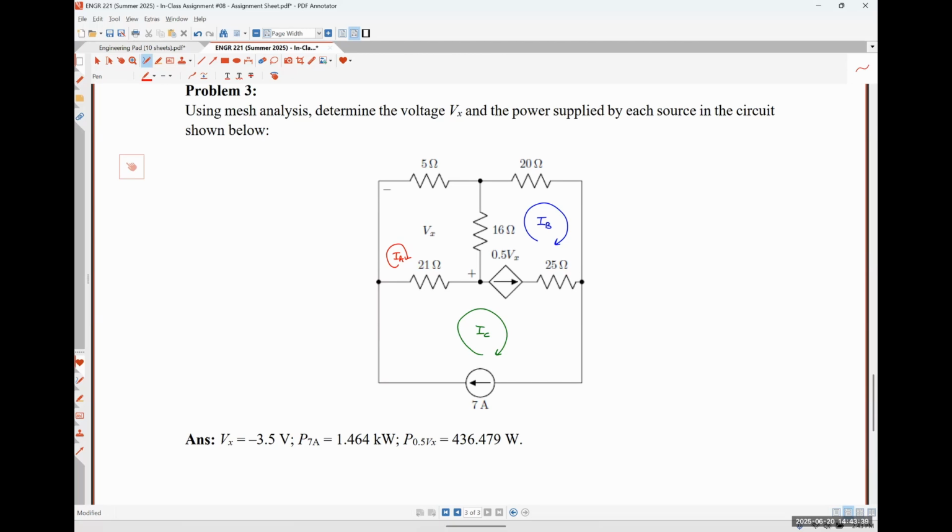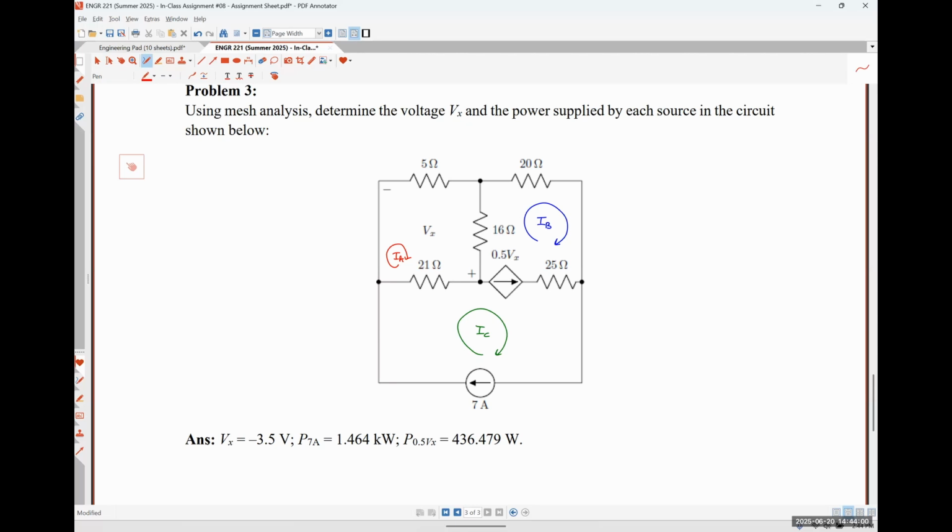Is there a way you can make it into a supermesh? So mesh A, or I guess a better way to put this, Vx isn't touching any current sources, so that's not really going to work for us. Okay.